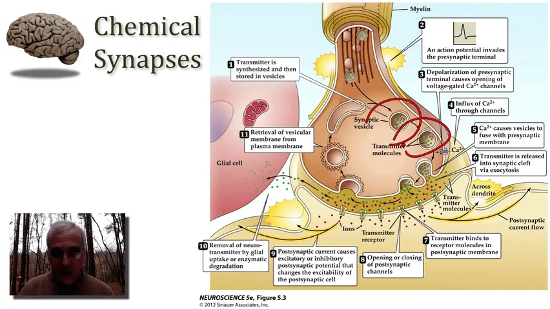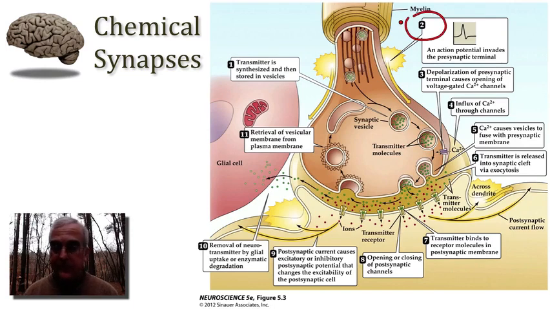Okay, so sure enough, an action potential does indeed arrive at the presynaptic terminal. So this is step number 2 now. And so a wave of depolarization passively diffuses along this pre-terminal membrane until we encounter a voltage-gated calcium channel.